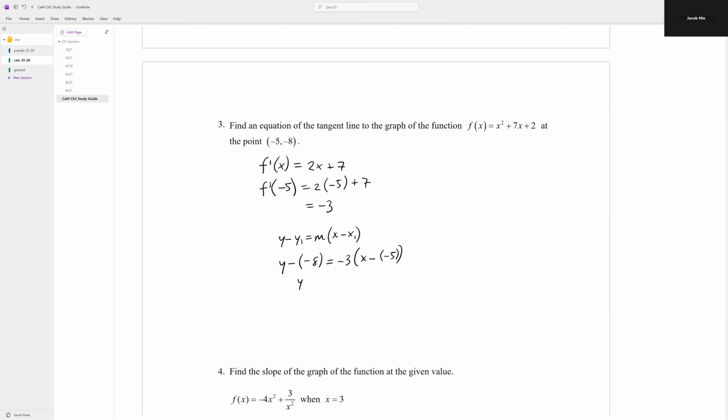And so this gives us y plus 8 equals -3 times x plus 5. And if we continue to evaluate this, we would be left with y equals -3x minus 15 minus 8, or y equals -3x minus 23.